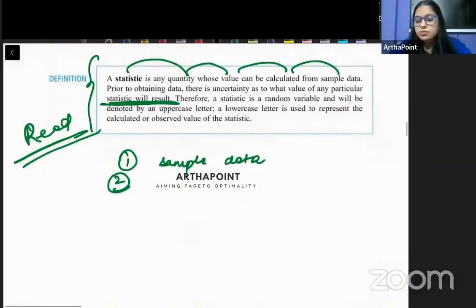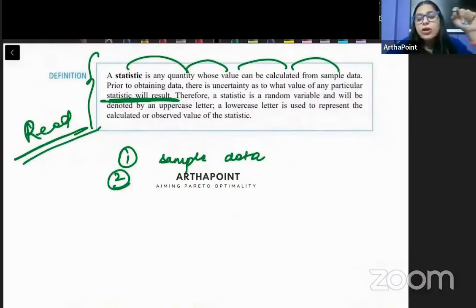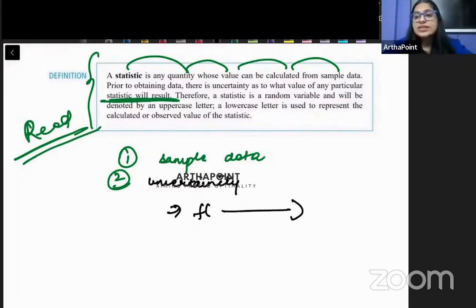I cannot tell about the mean till that point, till the point I don't know what my sample is. तो हमेशा एक uncertainty रहेगी statistic में, because statistic is going to be a function of what has been collected in the sample. आपने sample में किस चीज से related information collect की है, उस पर depend करेगा कि statistic का value क्या आएगा. What will be the value of the statistic, right?